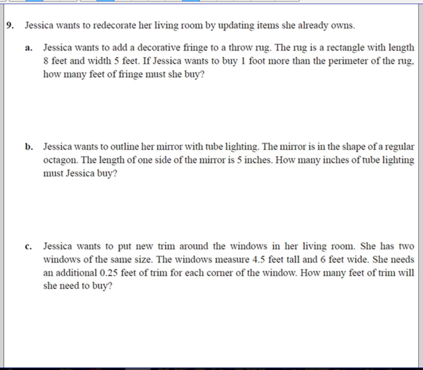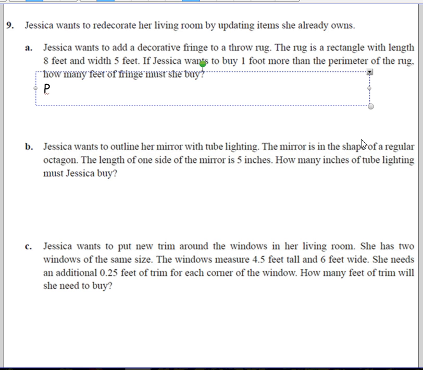So again, maybe to be able to make those corners look pretty. So we're going with our traditional formula and adding a little bit more. The perimeter formula, as you remember, is 2 times length plus 2 times width. But then we have to add extra.